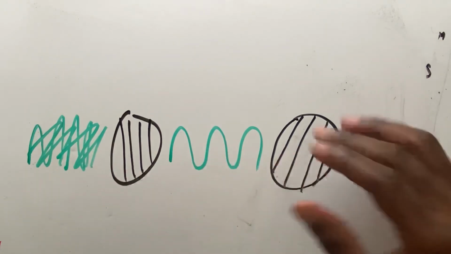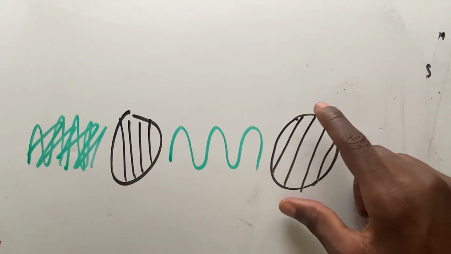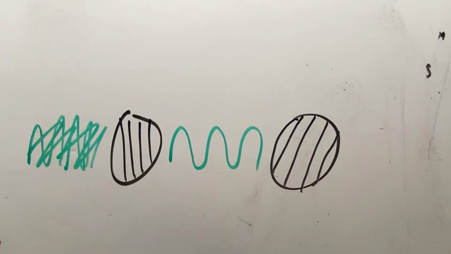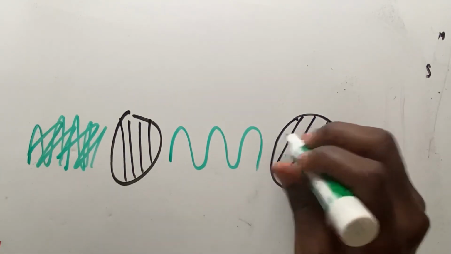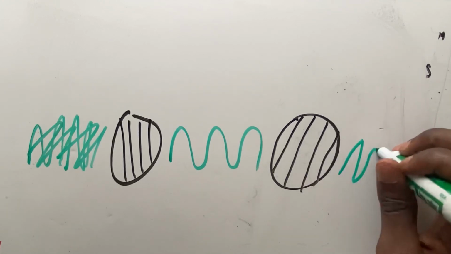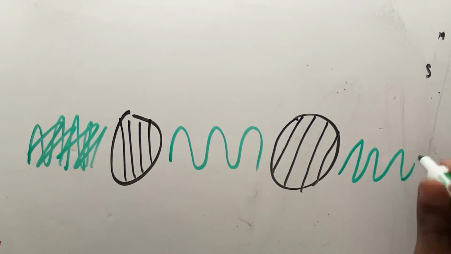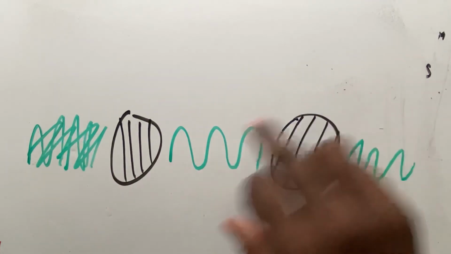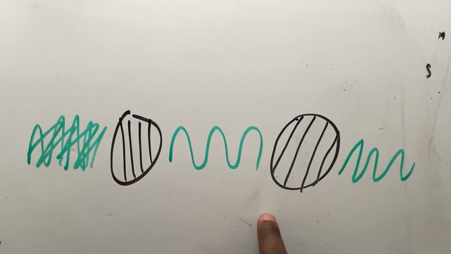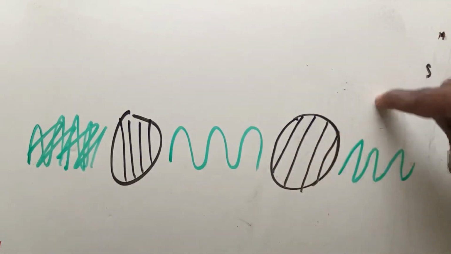Because some of it got cut off because of this angle. So now the light's going to come out a little bit smaller and going at this angle here. So basically, the angle between these two polarizers determines how much light is going to come out at the end.